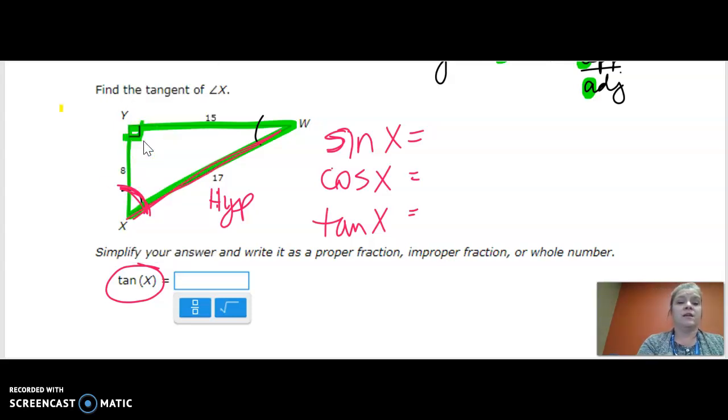So whenever we're talking about angle X, 15 is opposite angle X because it is away from it. And 8 is adjacent to X because 8 is used to making up that angle. So let me erase all this stuff.